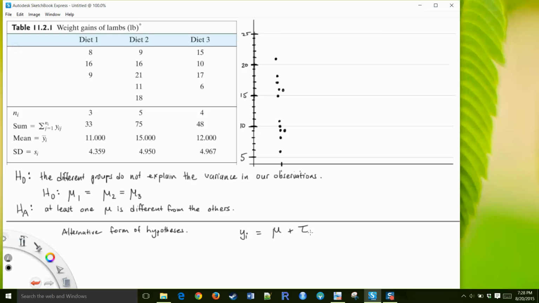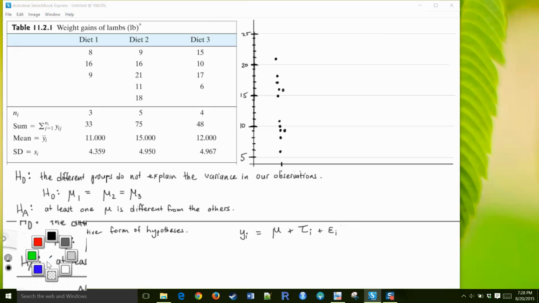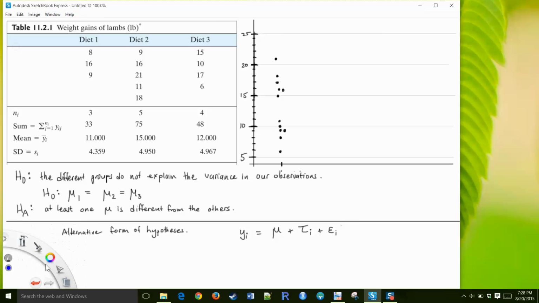This is known as the effect of being in a group, and this is individual differences, also called residuals.